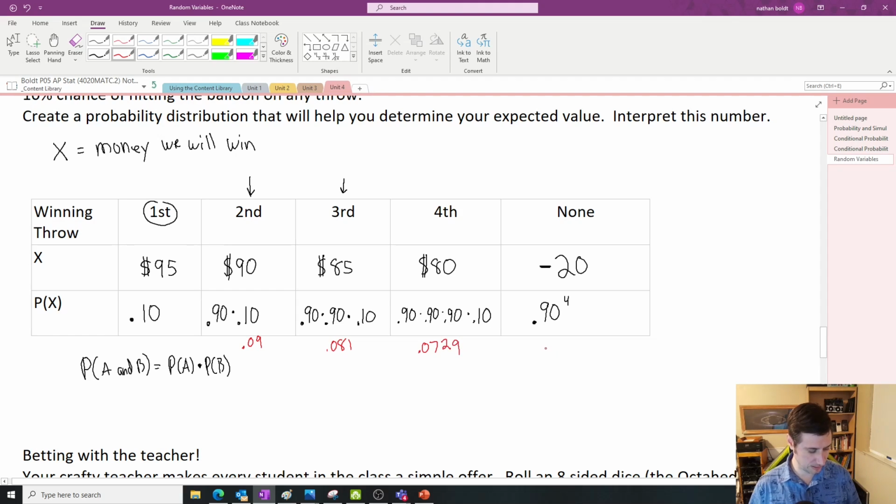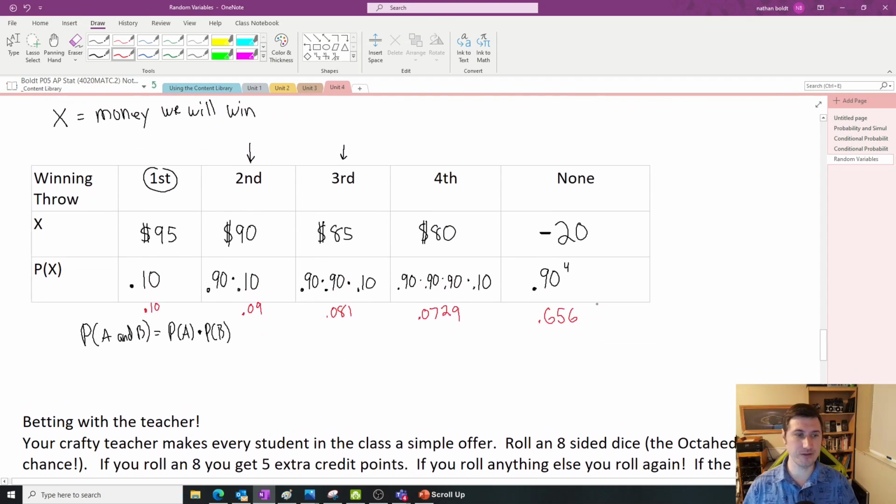And 0.9 to the fourth power is a 65% chance. So there's a 65% chance we don't hit any balloons and we lose $20. There's a 10% chance for the first one, a 9% chance, an 8% chance, a 7% chance, etc. So we finished our probability distribution.